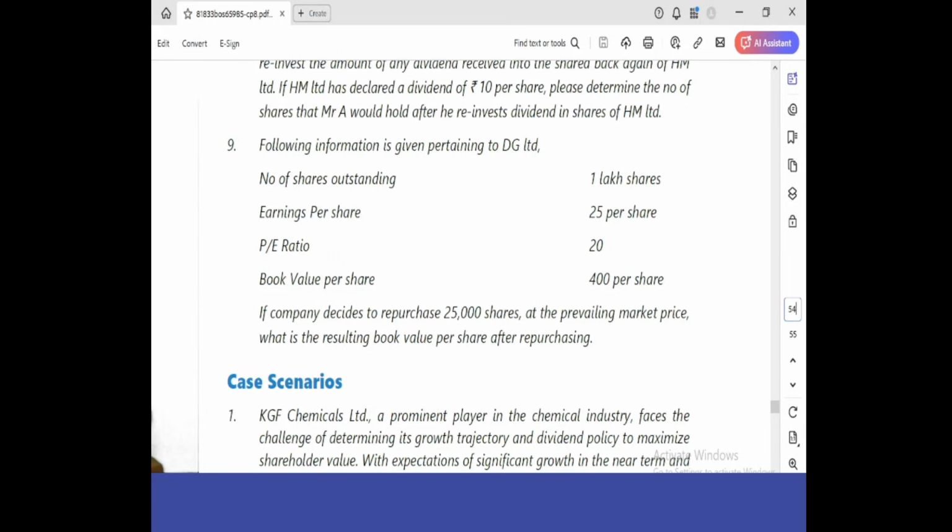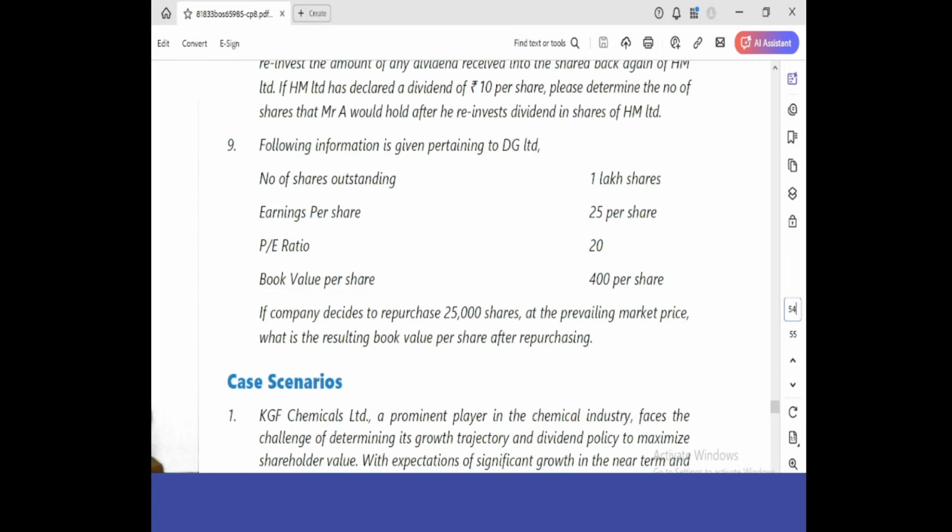Now here the question is, it is given that your company is going to buy back 25,000 out of 1 lakh shares outstanding. There are 1 lakh equity shares on your balance sheet, issued shares. Of that, your company wants to buy back 25,000 shares at the current market price, which is not given. Refer to the solution out there.